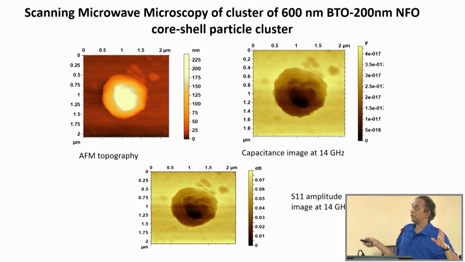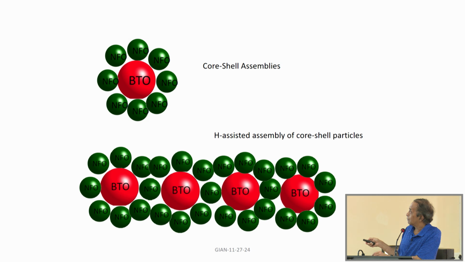The shell is made of nickel ferrite, so the capacitance is much smaller compared to the core. So the core looks here as a bright spot, and the shell as a dark one. This is AFM topography, and this is the capacitance image at 14 gigahertz. Okay. So these are core shell particles.